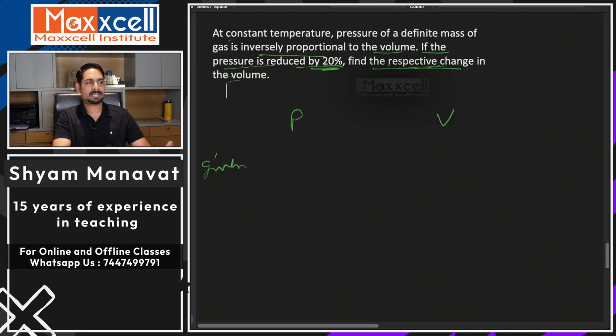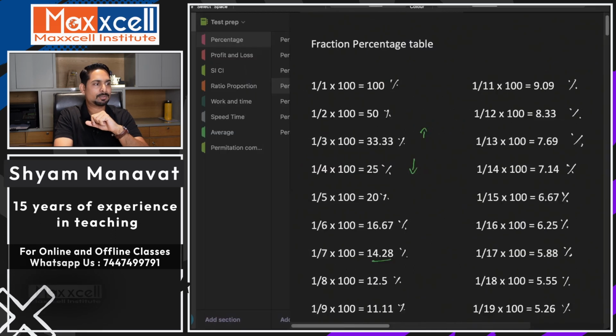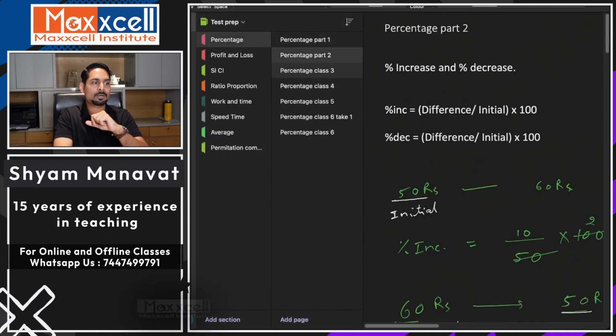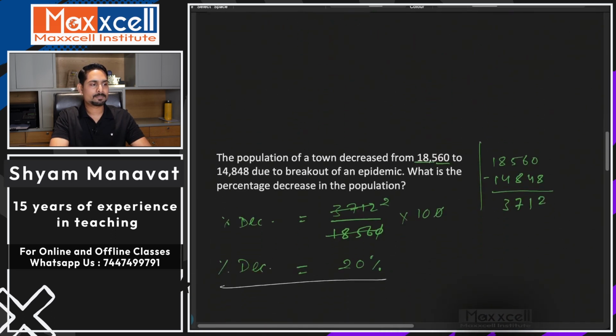We need to find out what is given to us. Nothing. So we assume that pressure is reduced by 20%, which means initially we have to know the pressure value, or we have to assume the pressure value. You remember we discussed in the percentage topic that if your question is in percentage and the answer is also in percentage, then we assume numbers instead of assuming variables.